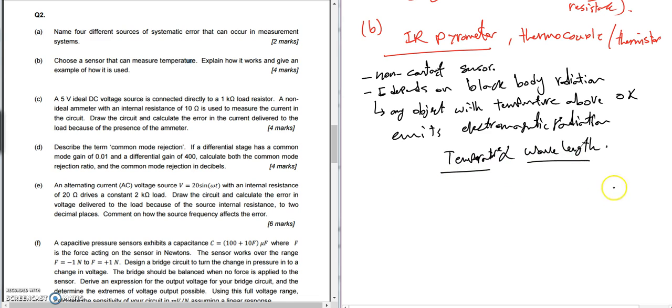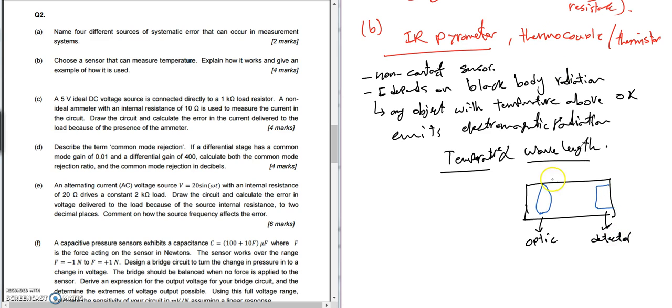So this is how the sensor looks like. There is basically a detector and an optic. So a lens and a detector, and the radiation coming from the object will be directed towards the detector through this.